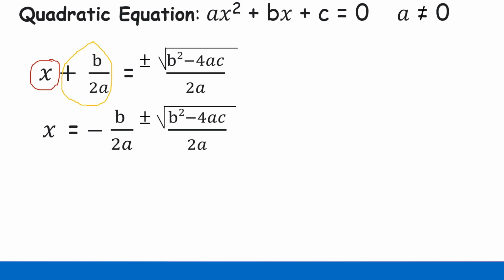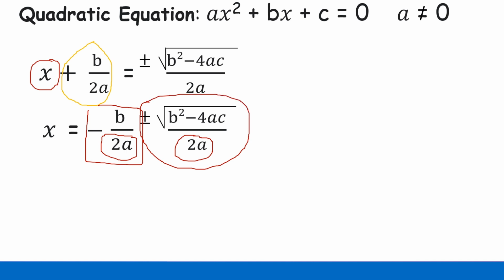Now we can clearly see that there is a common denominator, 2a, in this expression and also 2a in this expression. It therefore means that these two expressions, minus b over 2a and plus or minus the square root of b squared minus 4ac all over 2a, can be combined into one expression.